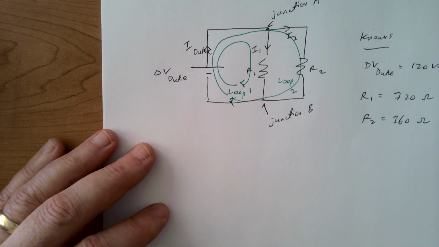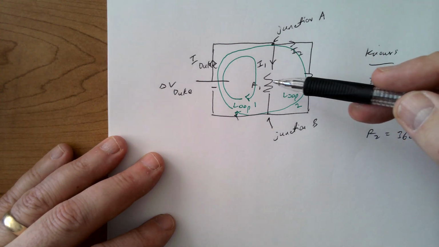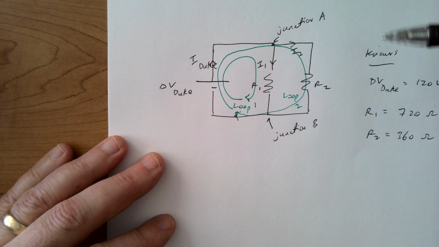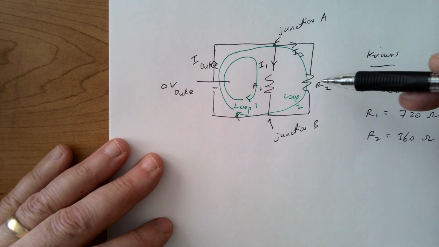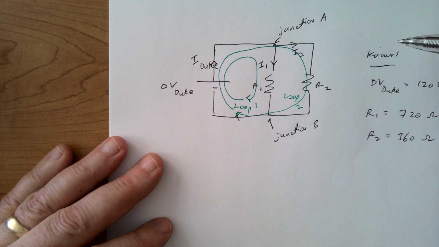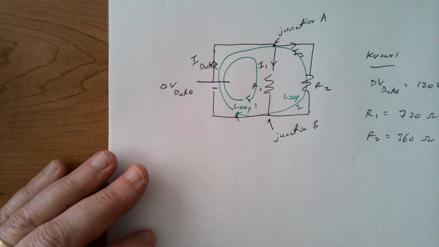Alright, and generally the goal of a circuit problem is to find all of the currents in the different branches of the circuit, and also all of the powers of each device, and all of the voltage differences of each device. So we're going to find all of those things.